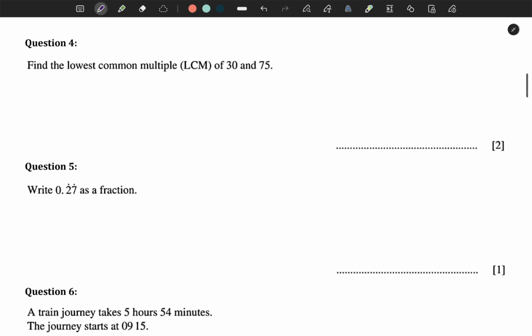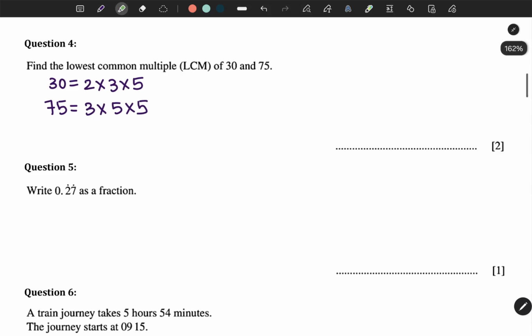Next, finding the lowest common multiple of 30 and 75. We can do this in a similar way, that is first writing it as a product of prime factors. 30 will be written as 2 times 3 times 5, and 75 is 3 times 5 times 5. Because we need the least common multiple, it's not just the common factors but also the uncommon ones.